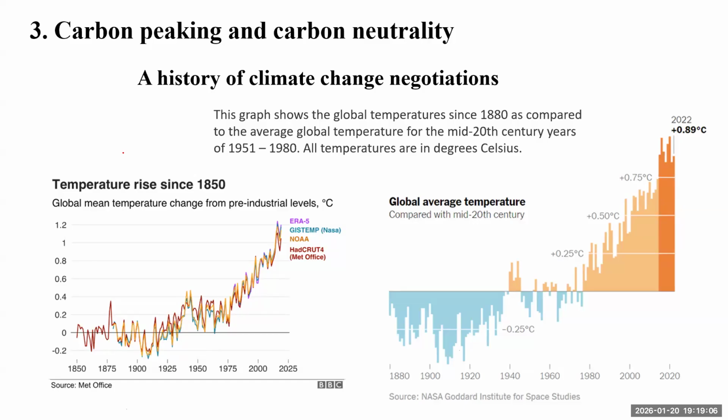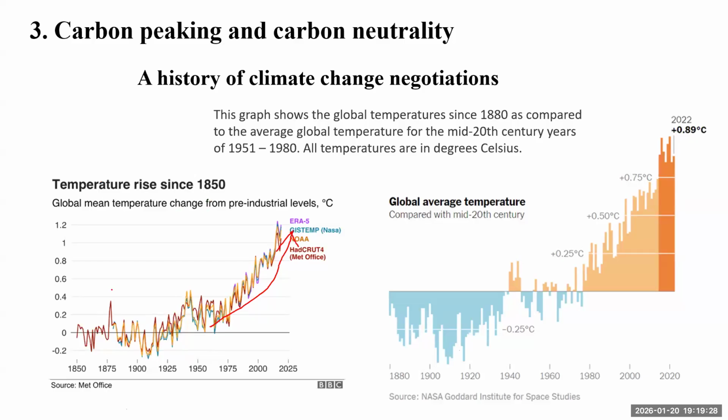So we can see this is due to the increase of carbon emissions since the Industrial Revolution. We can also see an obvious sharp increase of the temperature of our Earth.